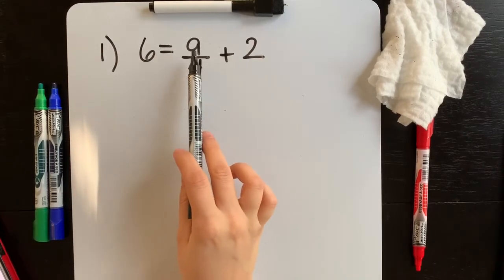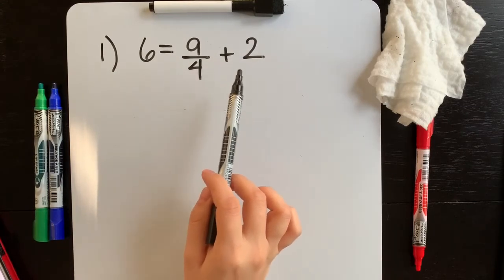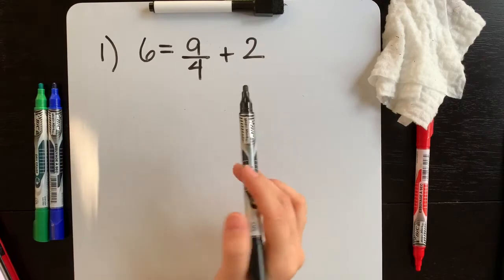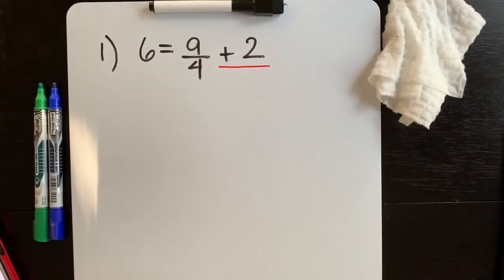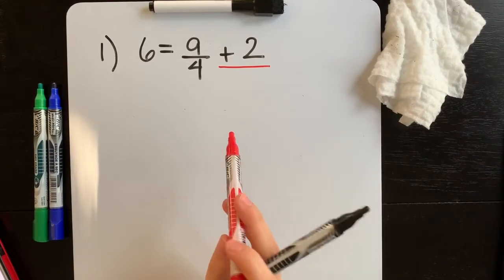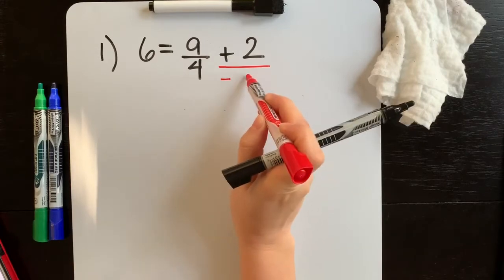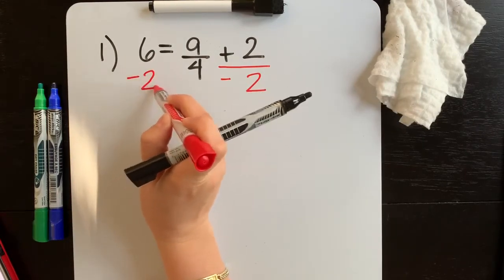So first, you always want to get rid of whatever we're adding or subtracting before we end up dividing or multiplying. So in this problem, we want to get rid of this 2. But in this problem, our number is now positive, so we are going to do the opposite and subtract it away again because we want it to equal 0. Then I got to do it to this side as well.